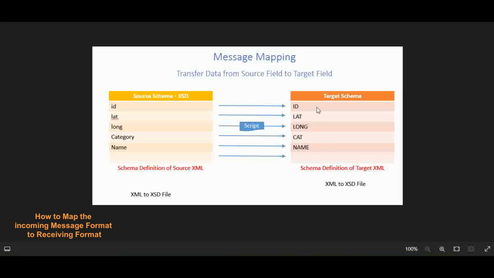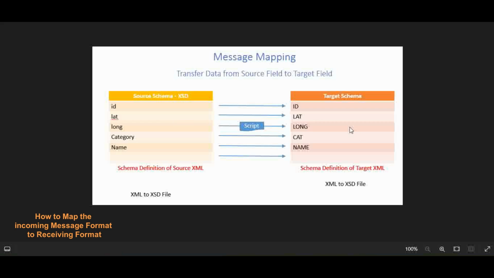It may contain more fields than the incoming fields. For example, the source has 5 fields, and the target may have 5 or 2 or 10, whatever the case may be. So message mapping helps us to translate or transform the incoming data to a target system.